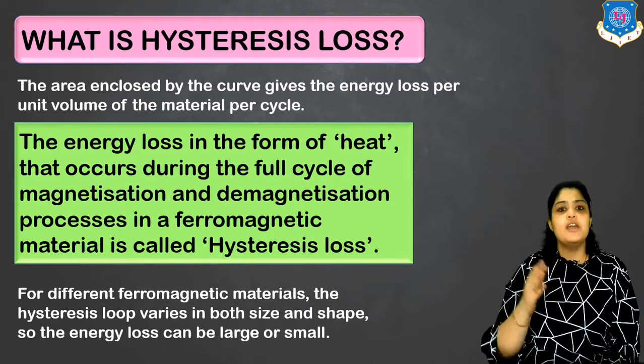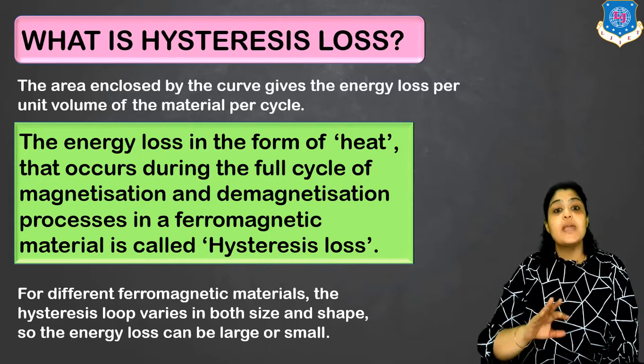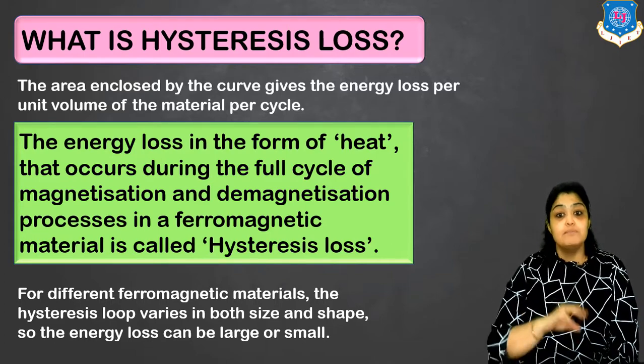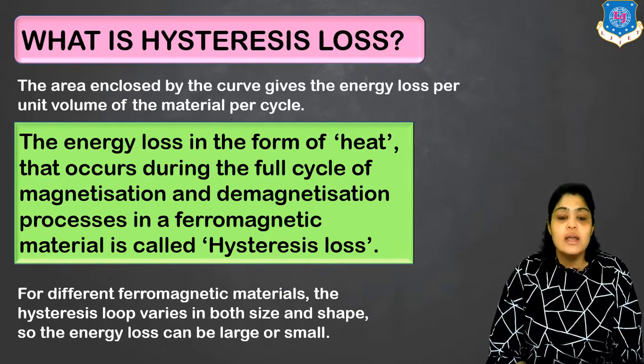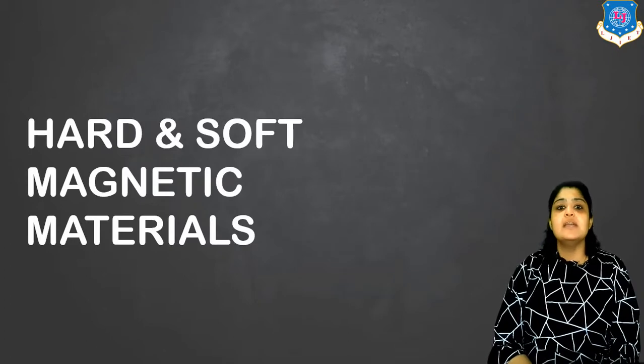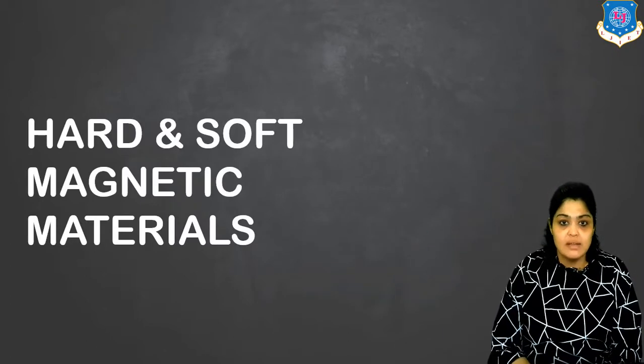Now, for different ferromagnetic and ferrimagnetic materials, the hysteresis loop can vary in both shape and size. That means the energy loss can be more or small, and depending upon this, we classify magnetic materials into categories called hard and soft magnetic materials.